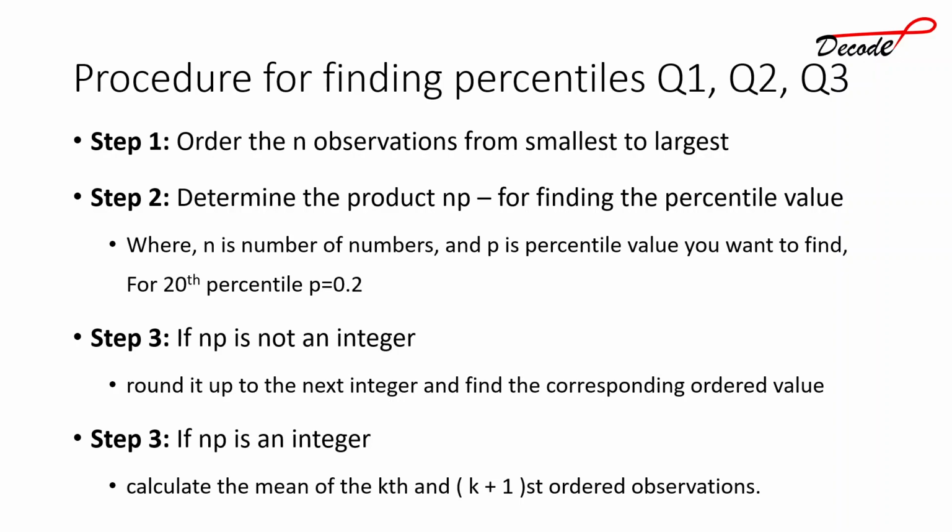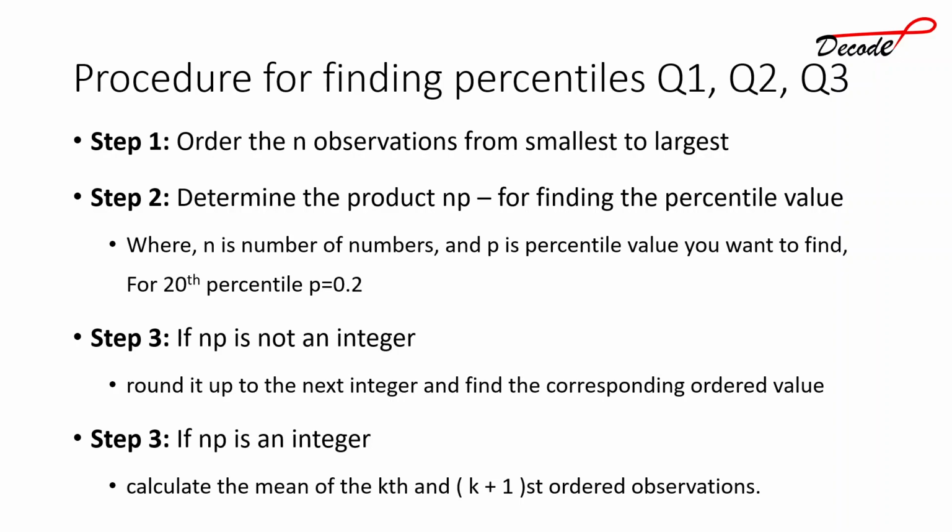The product of NP will determine the element of the sample you need to select for the quartile. So N remains constant always and P changes. If you want to find the value at Q1, P will be 0.25. For the value at Q2, P will be 0.5. If you want to find the value at Q3, P will be 0.75.